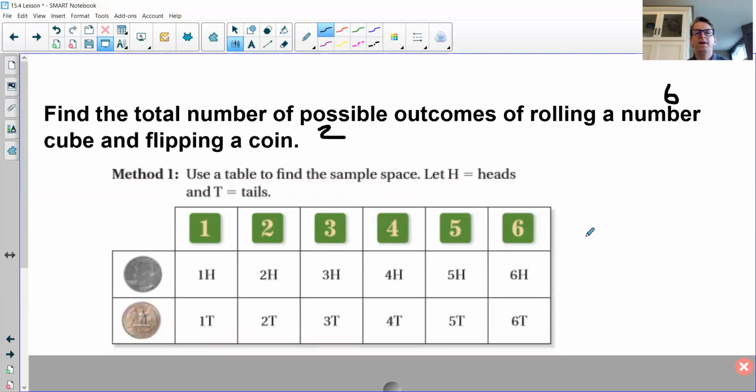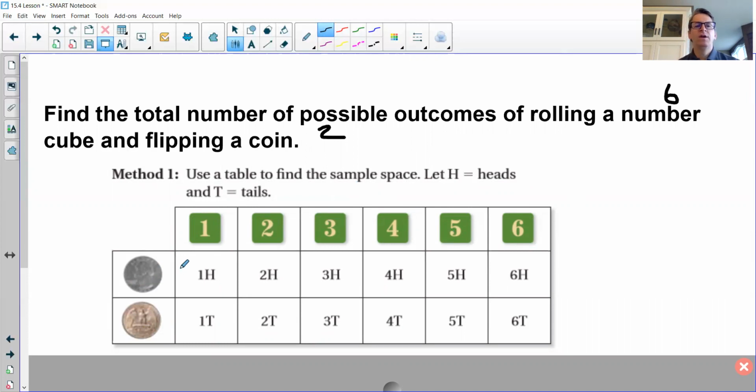Method 1 has the number cube with the numbers 1, 2, 3, 4, 5, and 6, and then we have the quarter over here with the heads and the tails.